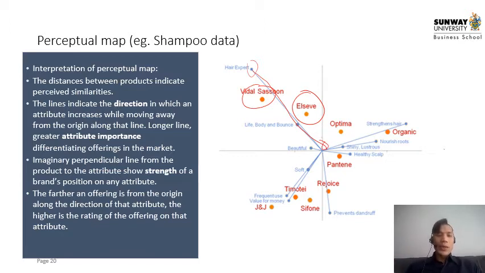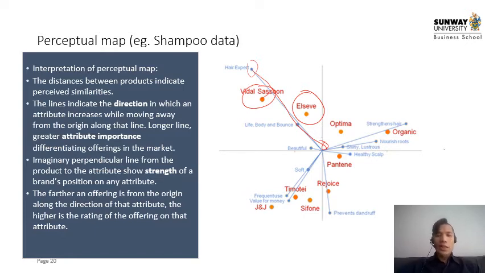Now, if we have an imaginary perpendicular line from the product strength, so for example, if I were to take Vidal Sassoon towards Hair Expert, and of course you can see Vidal Sassoon is very near to the perpendicular line of Hair Expert, then it shows that the attribute strength of a brand position is very strong, right?